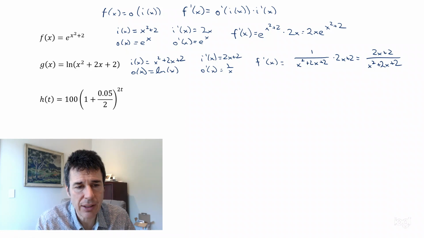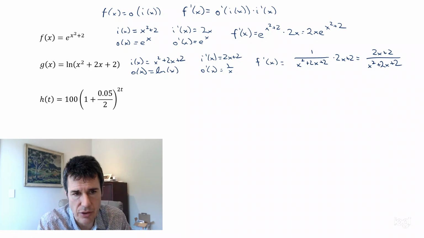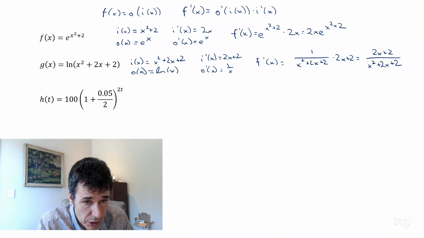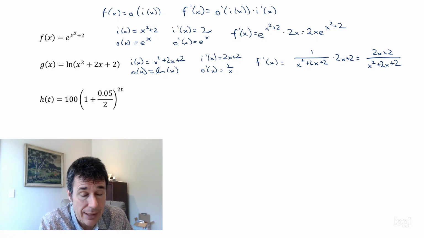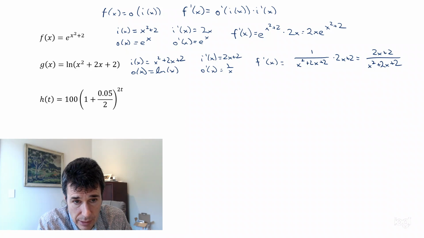Okay, this last function, it's a little harder to see what inner and outer functions we should choose, but I'm going to choose as my inner function 2t. And the reason I'm doing that is because I know this is 1.025 to the power 2t, and I know if I had 1.025 to the power t, I know how to take that derivative. So inner function, so t this time is going to be 2t.